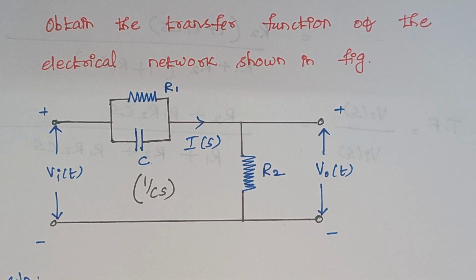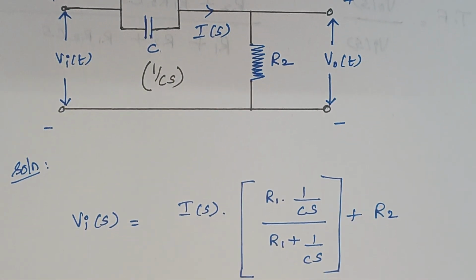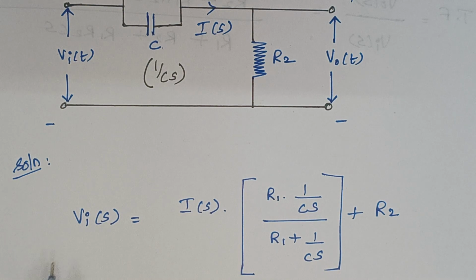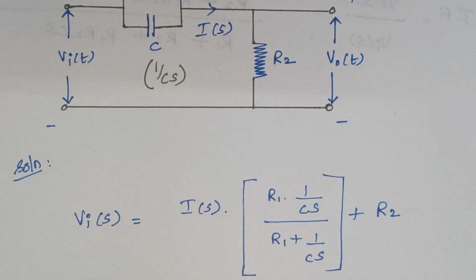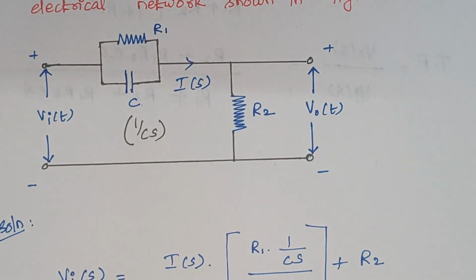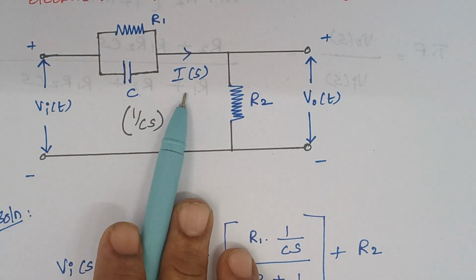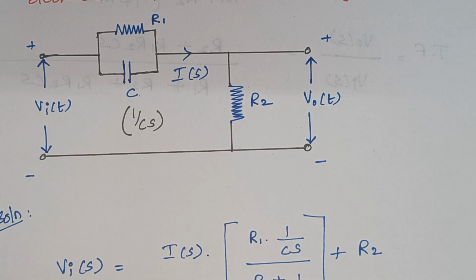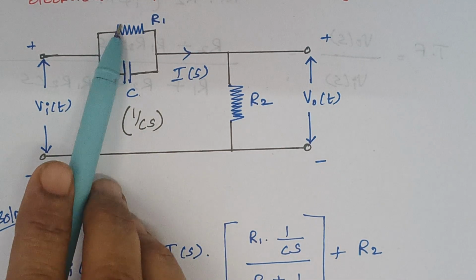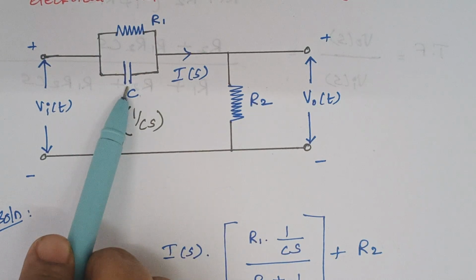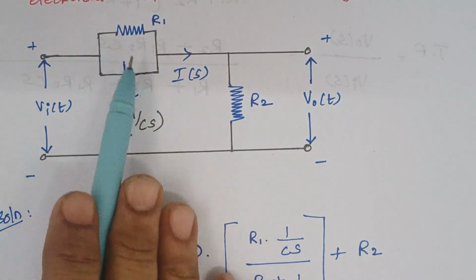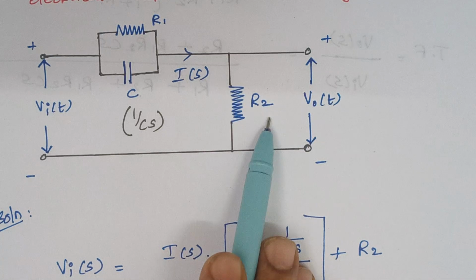Now we write the input voltage in the form of I into R. The current that flows in this circuit is I(s). What is the value of resistance here? We have these two elements in parallel, and this combination is in series with the resistor R2.